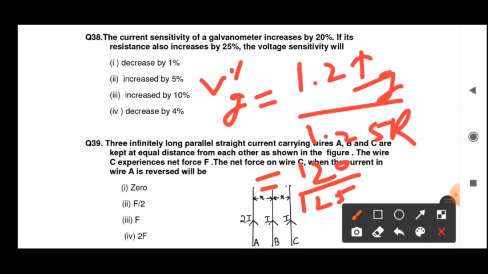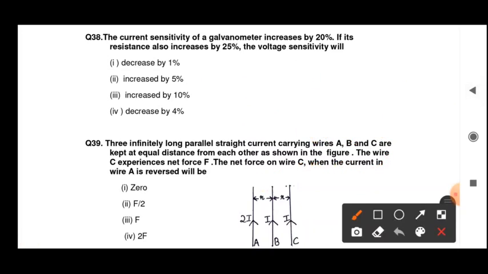Again let's solve this one. If you solve, you can find this will be equal to 24 upon 25. So this is 24 upon 25 into Vg, because Ig by R will be equal to Vg. Now let's find out the percent change in the voltage sensitivity.